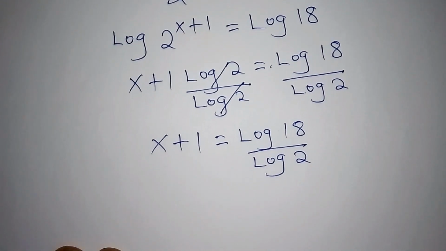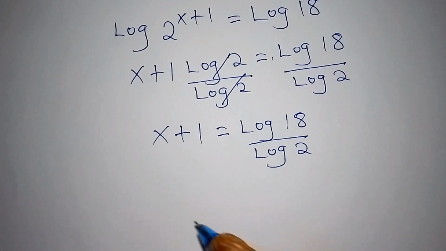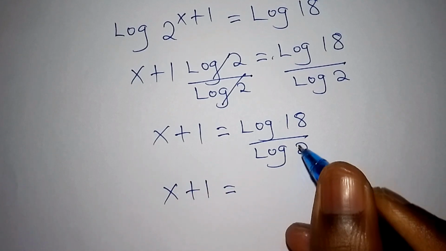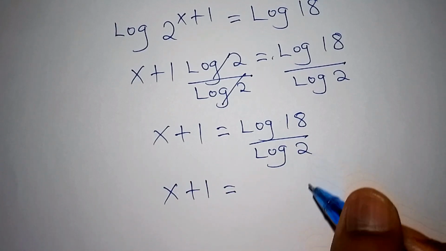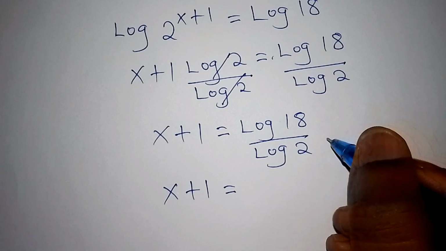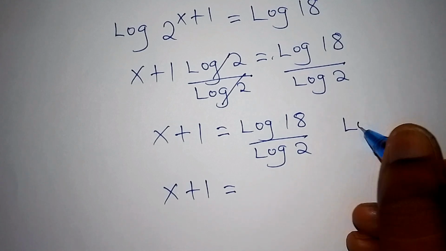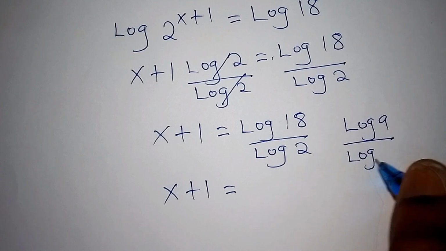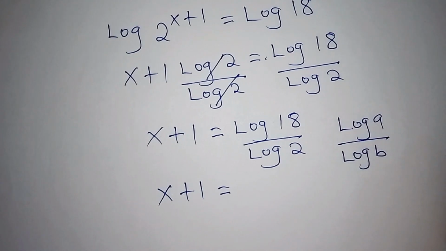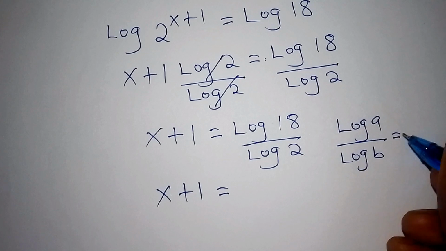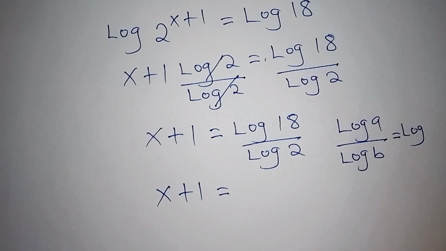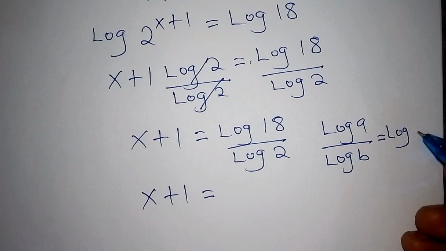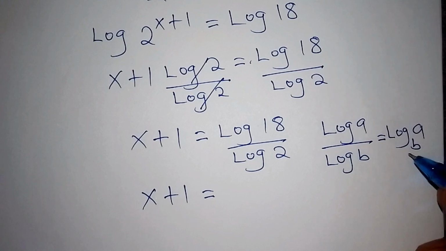From here we can conclude that x plus 1 is equal to the log of 18 all over the log of 2, which can also be written as, let's assume we had the log of a all over the log of b, this shall be equal to the log of a to base b.